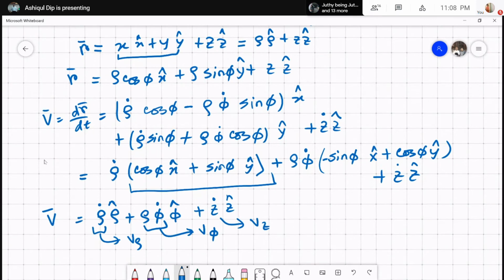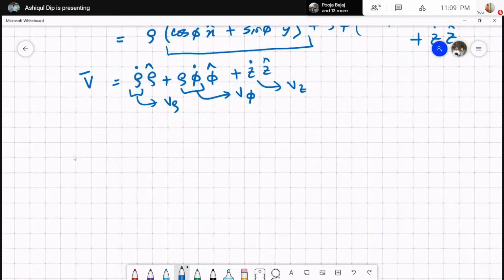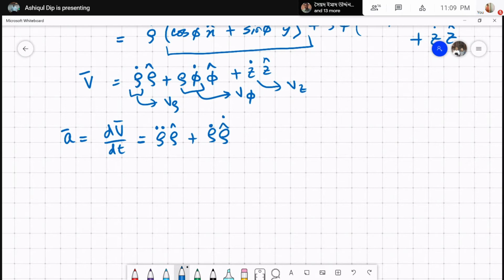Okay. So similarly, we can again take the derivative of V to get acceleration. So A equals dv over dt, and now your rho hat and phi hat are actually changing, so you have to take care of that as well. So dv over dt gives you rho double dot rho hat plus rho dot rho hat dot.